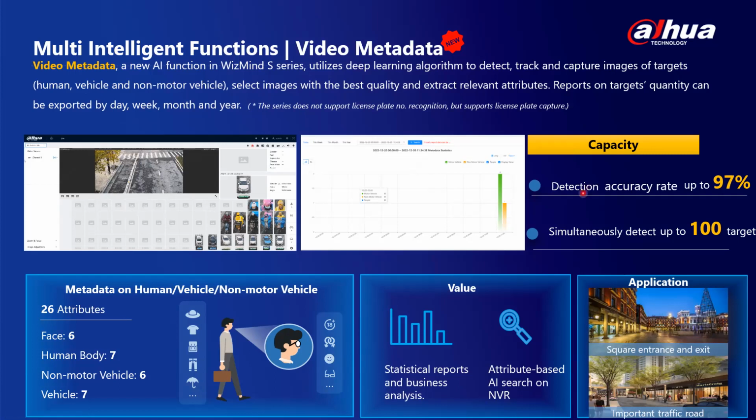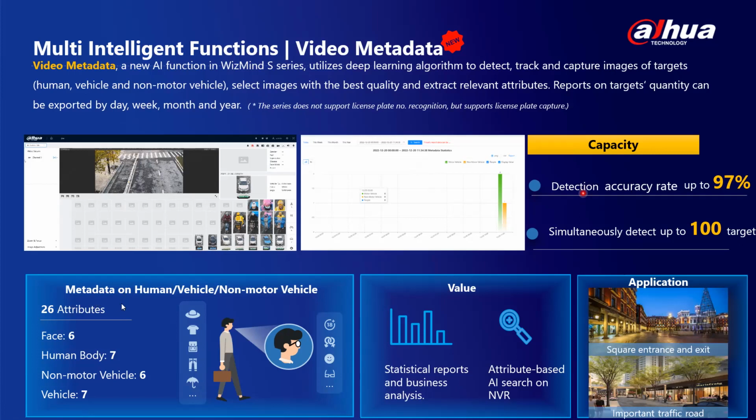It also supports simultaneous detection of up to 100 targets. So the more individuals or targets crossing that particular section, the camera will capture them immediately, to ensure it provides you with clear, rich, detailed information about what has been captured.